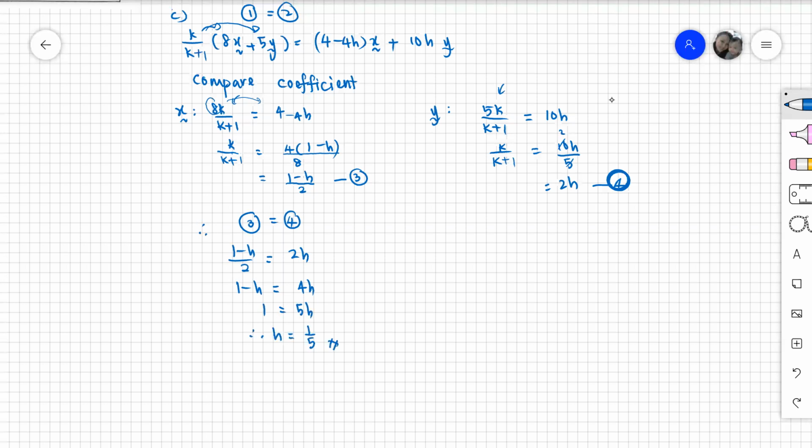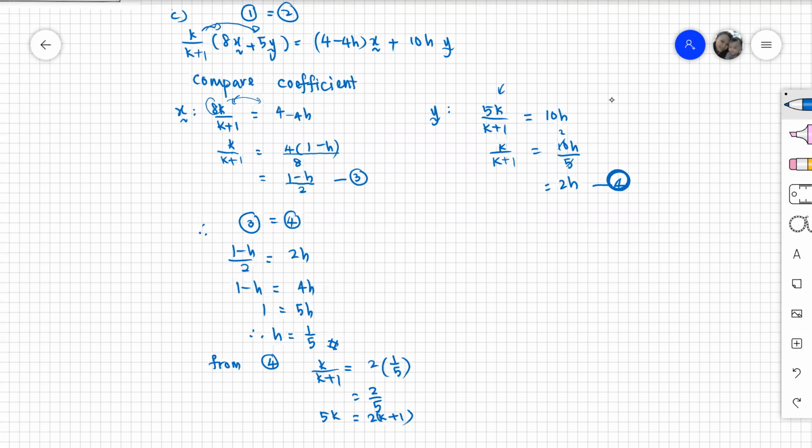So we found h first. And then from which equation? Let's say from equation 4. Equation 4, we know that k over k plus 1 equals 2h, which is 2 times 1 over 5. That will give us 2 over 5. Okay, cross multiply. So we have 5k equals 2 times k plus 1.